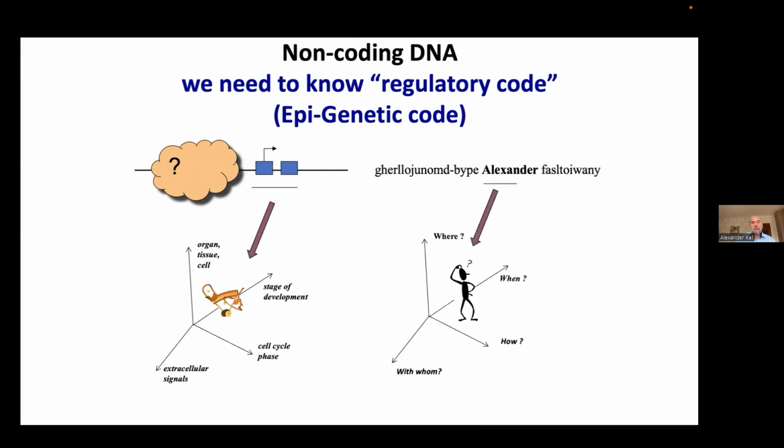It's like we have some text whose language we don't know, and we understand only a small part of it, which codes for the genes, but the instructions on what to do, where to go, when, and under which conditions are encoded somewhere in the text, and we don't know how.